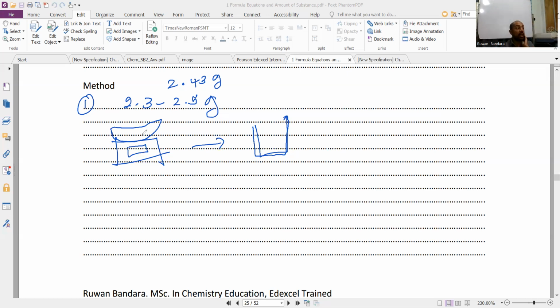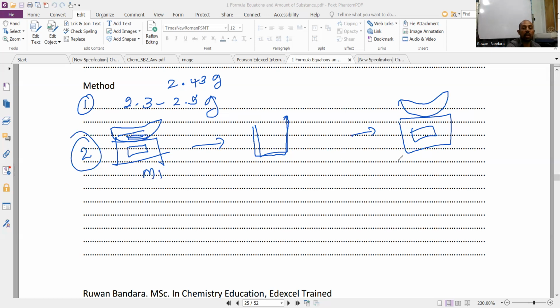To the beaker and reweigh the bottle. So before transferring the solid you are measuring the mass, and after transferring the solid you are measuring the mass.